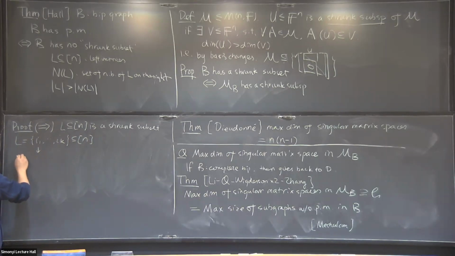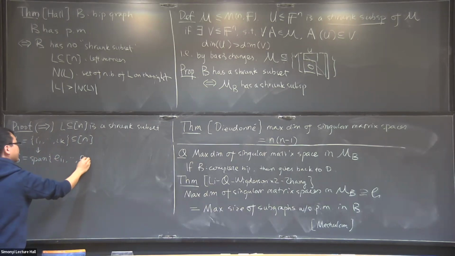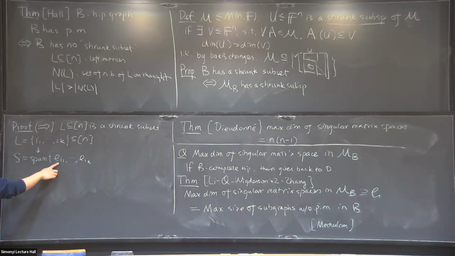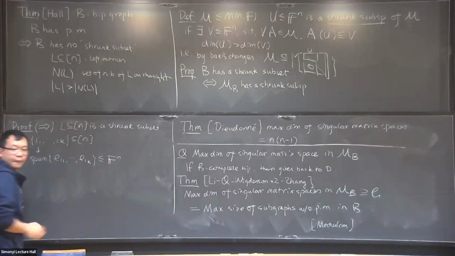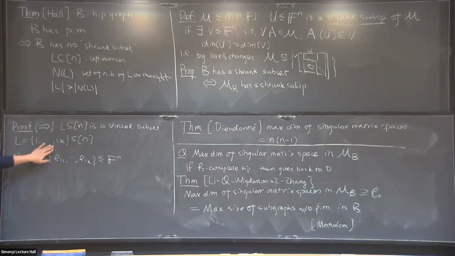So you look at S, which is the span of e_{i_1} up to e_{i_k}, where e_i is the element in the standard basis, which would be a subspace of F^n. Probably want to call it U, no? Oh, right. Okay, this S is U. Yeah, good, thank you. So you can basically verify that this gives you the shrunk subspace when you look at the coordinate subspace bounded by the coordinates.